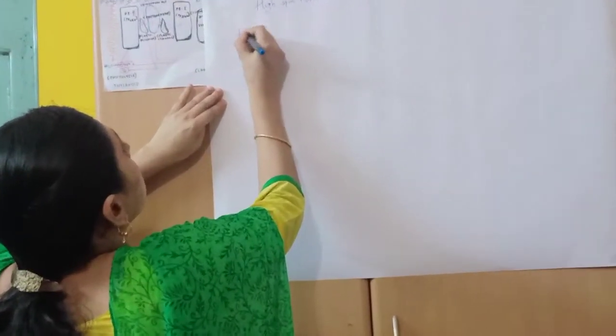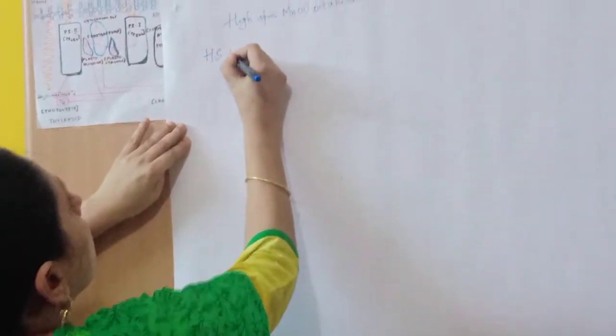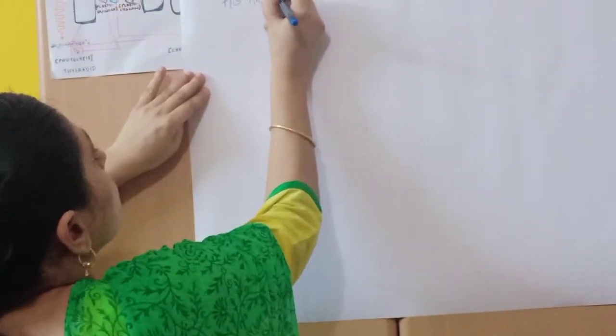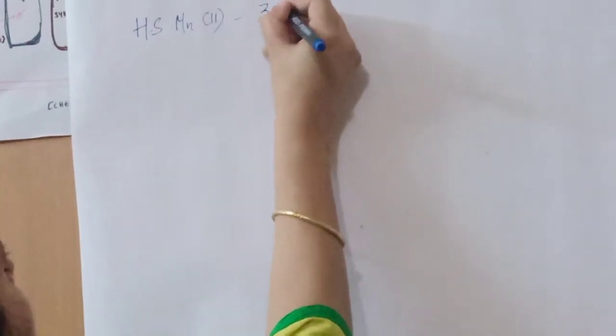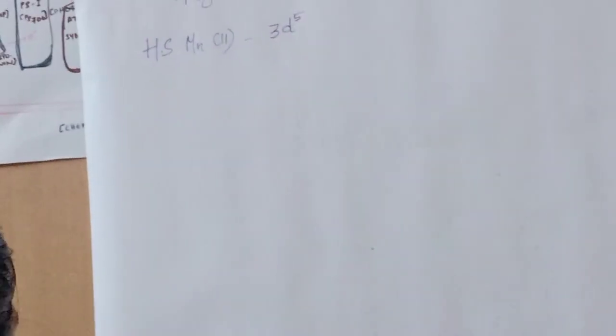So high spin manganese 2, its outermost electronic configuration will be 3d5 4s0.